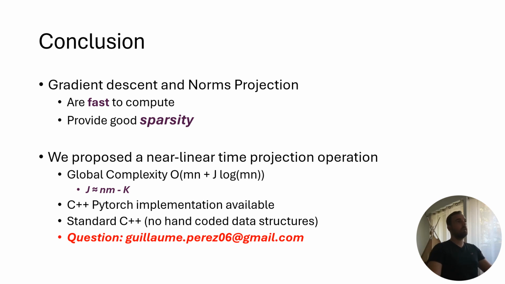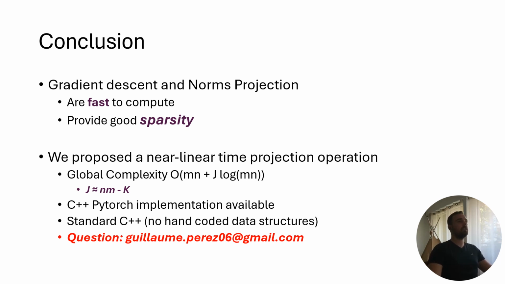So in conclusion, gradient descent and norm projection are fast to compute. Sparse gradient descent is fast, and we saw how we can have fast projection, and they provide good sparsity. And by good sparsity, I mean either structured sparsity or better accuracy. You can find all of that in the paper. And we proposed a nearly linear-time projection operation with a good global complexity.